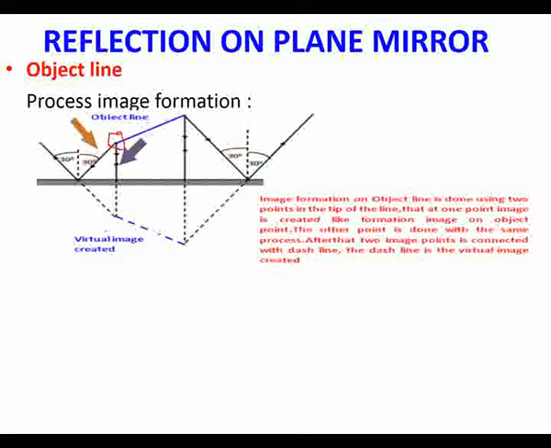The second ray that comes from the first point object, shown by the purple arrow, coincides with the normal line. Because of that, the incident angle of the ray is 0 degrees. Based on the second law of reflection, the reflected angle of the reflected ray will be 0 degrees too.